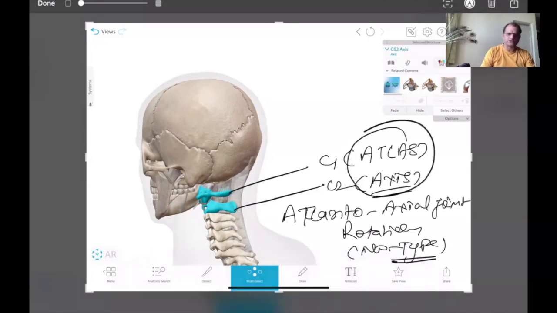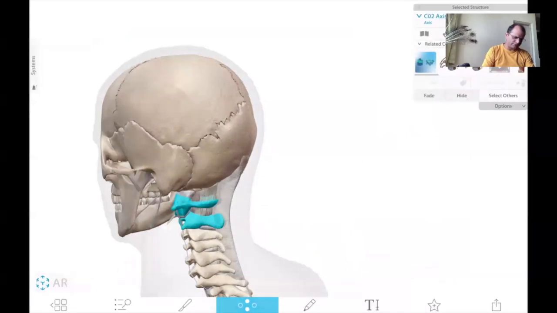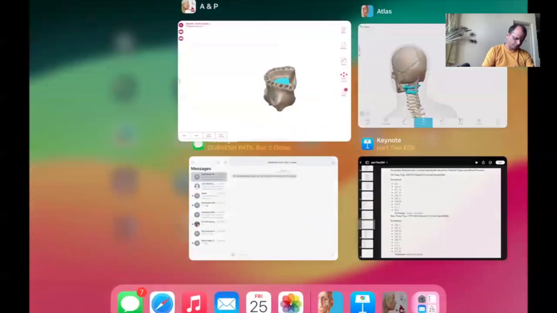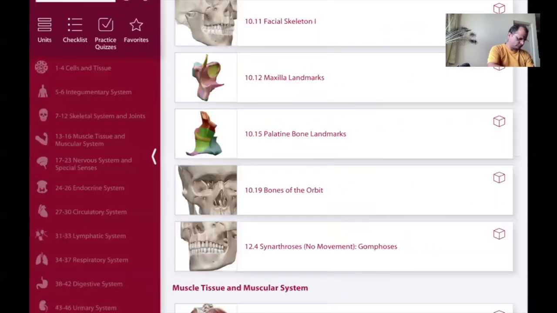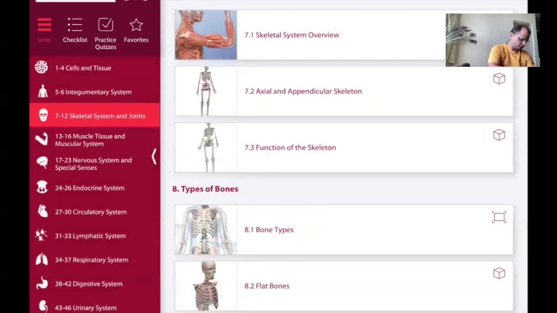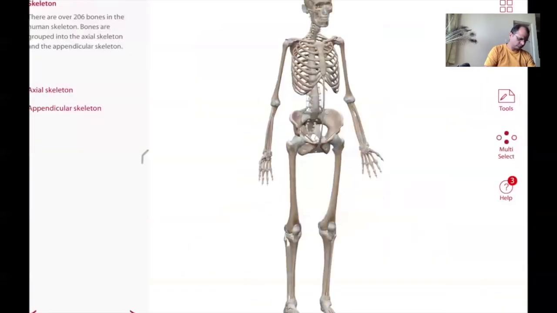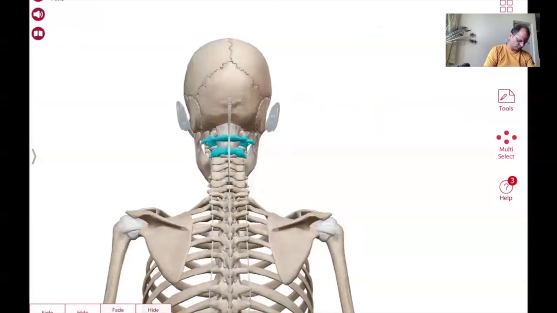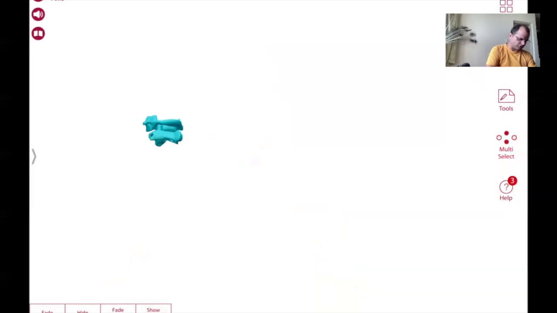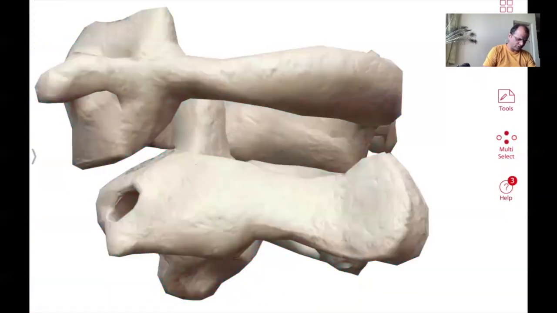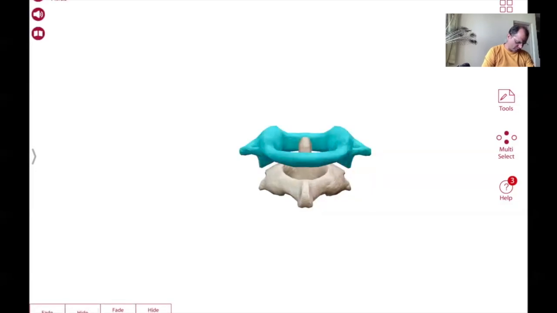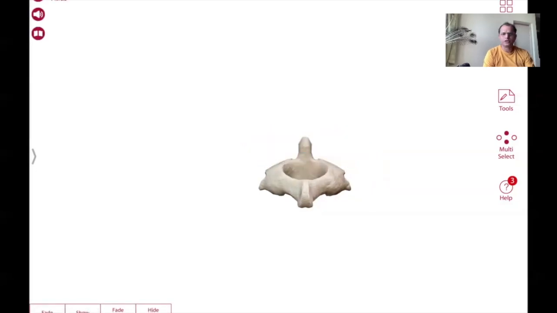Why we are taking atlantoaxial joint? If you see here, अगर आप यहाँ पर देखें, so these are the two vertebrae. One is the upper one, atlas, one is the lower one. The lower one is called axis. We can see here. If we remove the upper one, अगर हम upper one को हटा दें, how this is making axis?